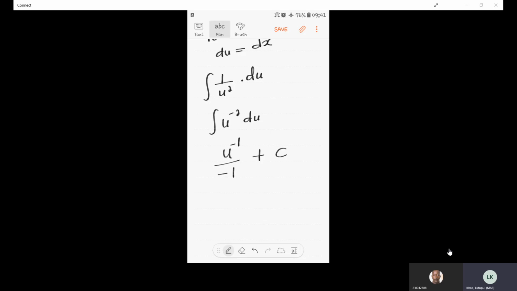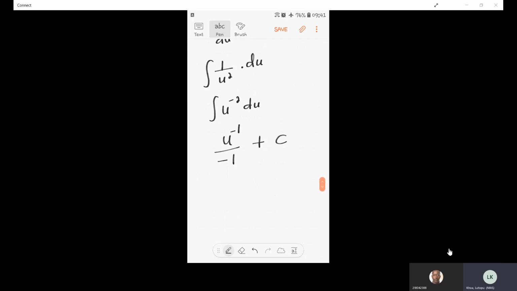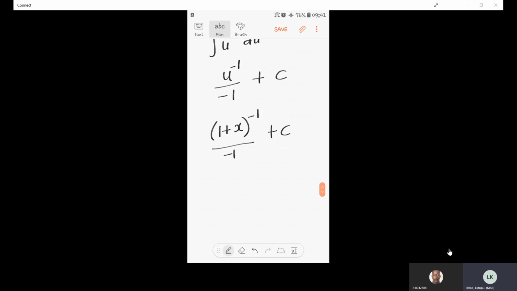Now our value of u is 1 plus x. So you have 1 plus x to the power of minus 1 over negative 1 plus c. So then your function becomes negative 1 over 1 plus x plus c. And then as usual, if you differentiate your final solution, you should get back to the original one.